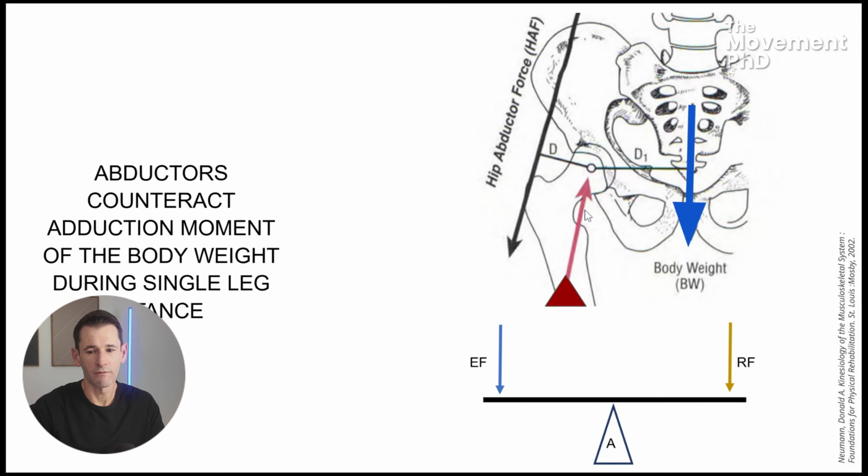Whenever you have a fulcrum in between the effort, which is our hip abductors, and the resistance, our body weight, that makes it a first-class lever. That's a system that's designed for balance. That allows our hip abductors to support ourselves in single leg stance and not have to generate a massive amount of torque like our glute max does in the sagittal plane.